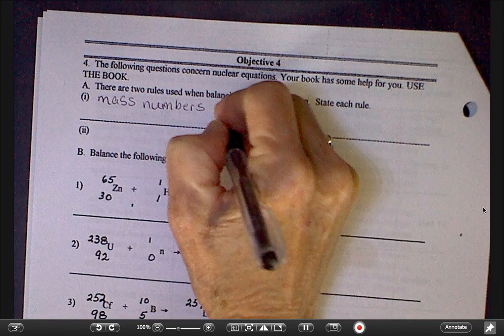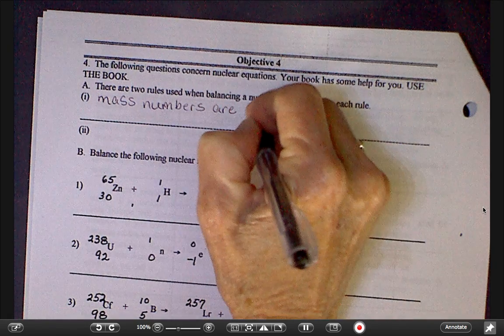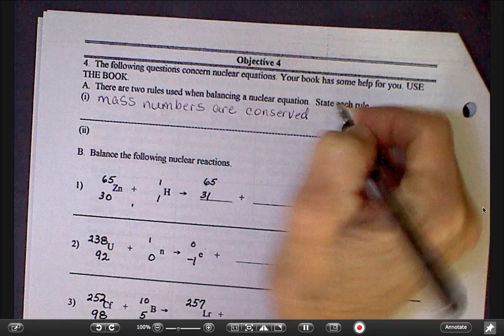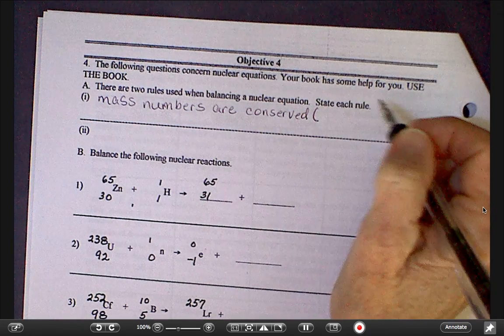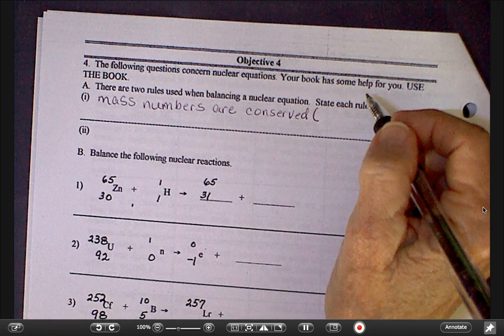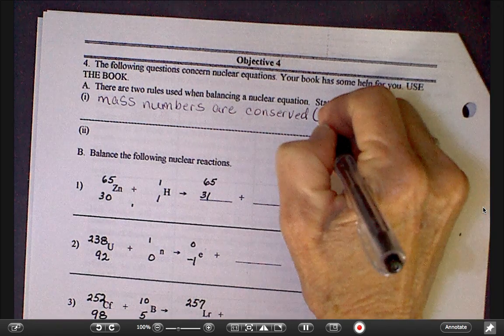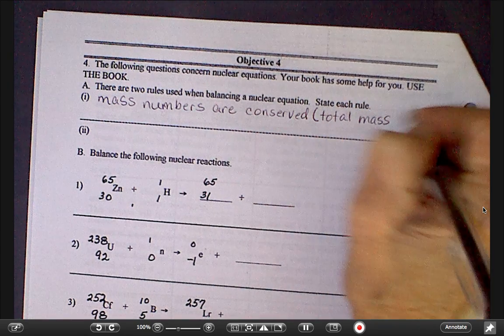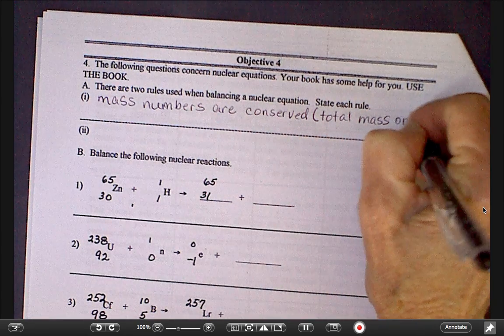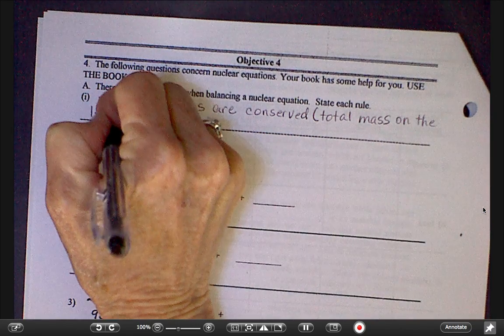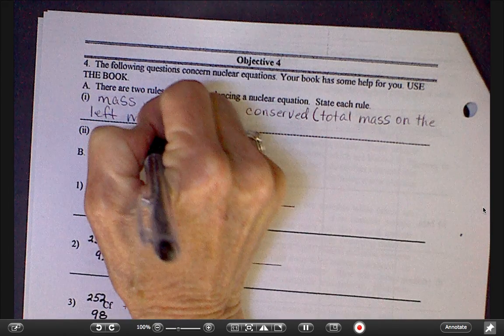Mass numbers are conserved. What does that mean? That means the total mass on the left of the arrow must equal the total mass on the right. Or we'll just put total mass on the left must equal total mass on the right.